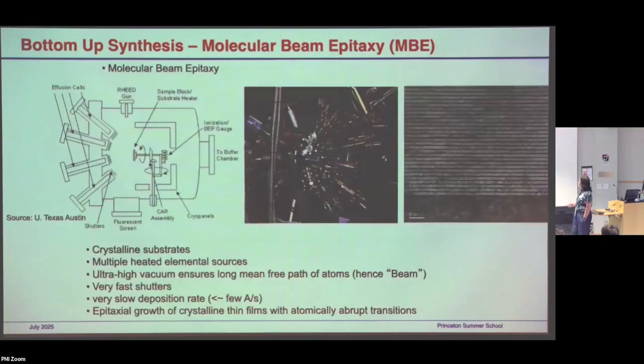The last one for bottom-up is so-called molecular beam epitaxy, MBE. This uses a crystalline substrate with multiple heated elemental sources, in ultra high vacuum, so that there's a long mean free path of atoms, the so-called beam, therefore molecular beam. With very fast shutters and very slow deposition rate, they grow epitaxial crystalline films, usually with atomically sharp transitions.